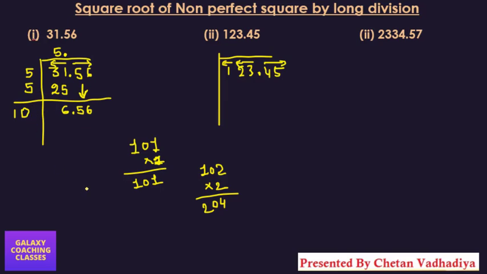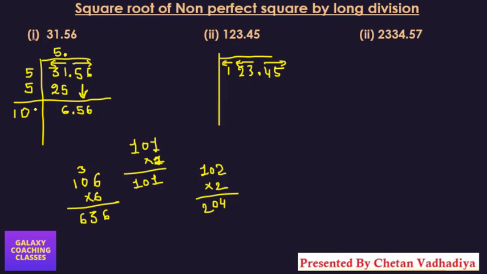If I take 106 into 6, I get 6 6s are 36, 3 here, 0 plus 3 will be 3, 6 1s are 6. So 636 is less than this. If you take 107 into 7, that will be greater than this.